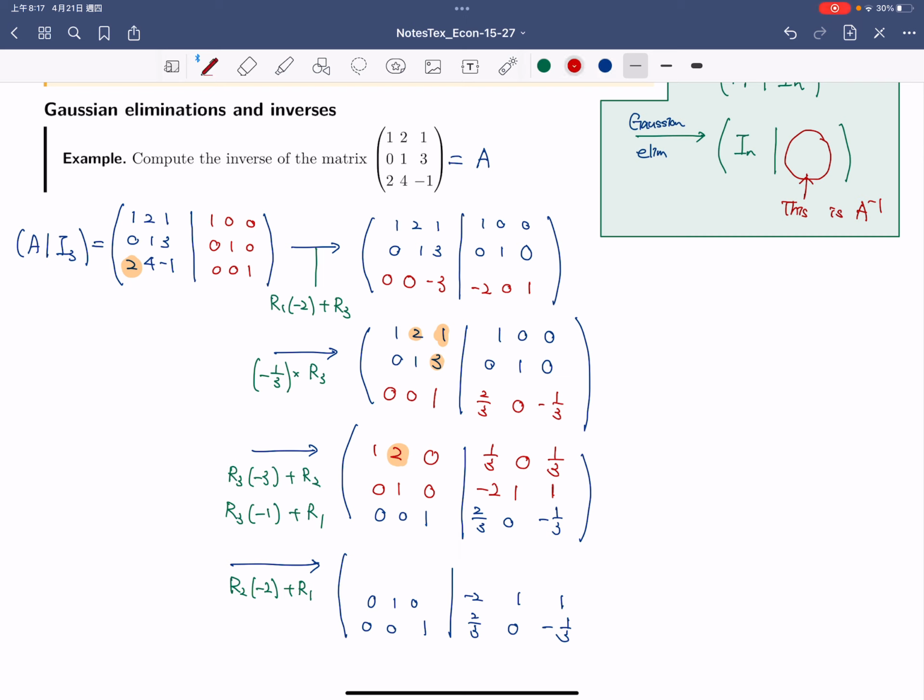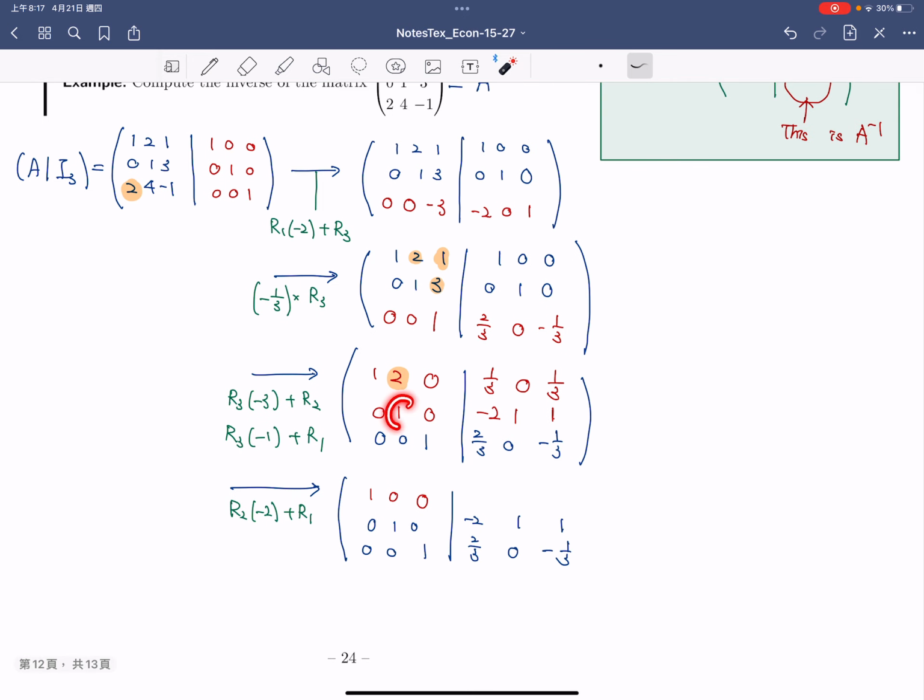Okay, and then I get 1, 0, 0, and then multiply this by minus 2, then add 2, you get 0. Multiply this by minus 2, you get 4 plus 1 over 3. So let me write down 4 plus 1 over 3. And then multiply this by minus 2, add it to 0, so you get minus 2.